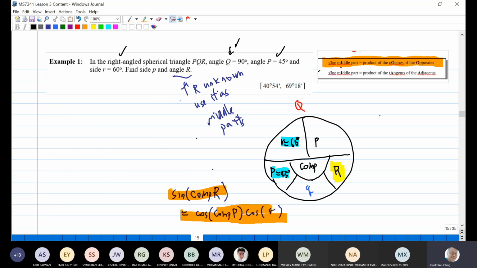So I will write sine of com R, which means 90 minus R. Then cosine com P means 90 minus P. Then cosine R.